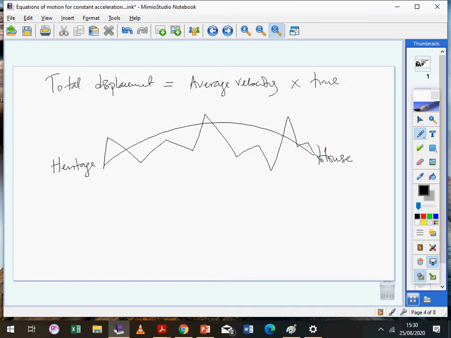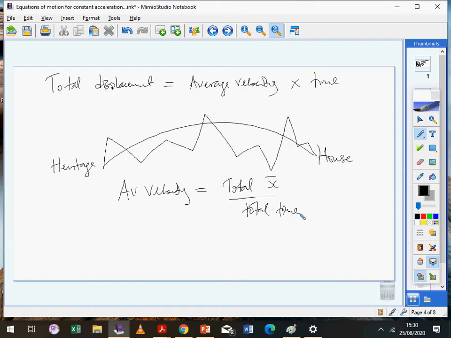So the clearest picture you can give that person is that my average velocity is the total displacement I moved divided by the total time. And this is really how we calculate average speed and average velocity.